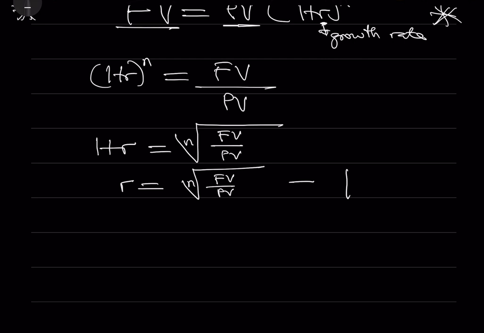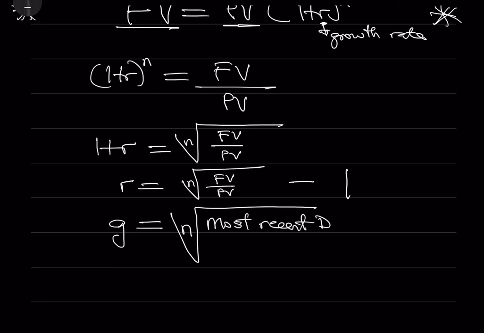So R is your growth rate of dividend, which equals the nth root, where n is the number of years. Future value is just your most recent dividend, which I will call dividend 1, divided by the oldest dividend.